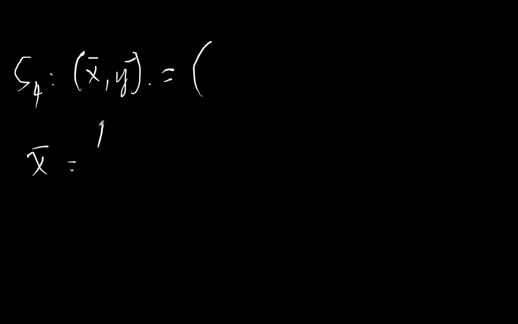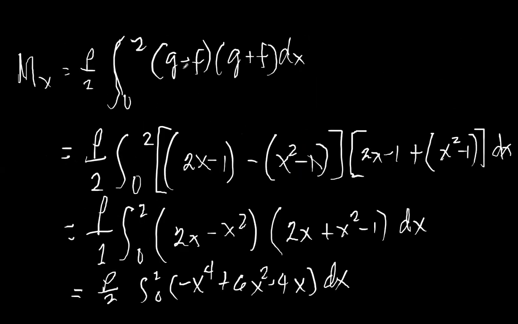And step number 4, we need to identify our center, or the centroid. There we go. So here, we know that x bar, the x coordinate of the centroid, is equal to the moment about the y-axis over the mass, or with the use of the shortcut formula, you can also use that.